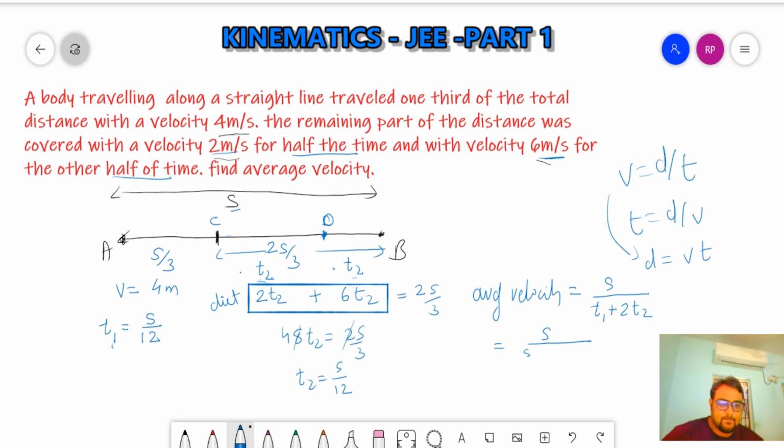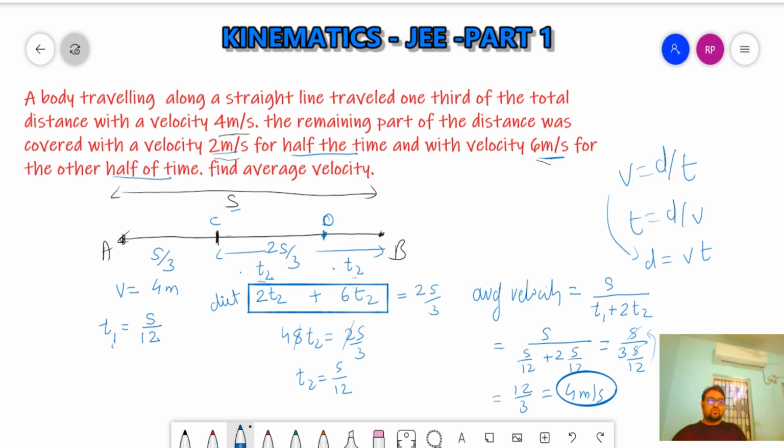S by 12, plus 2 times T2, which is S by 12. Clear? So I will get S upon S by 12 plus 2S by 12, which is 3S by 12. So S gets cancelled, 12 goes in the numerator, 12 by 3, this is equal to 4 meter per second.